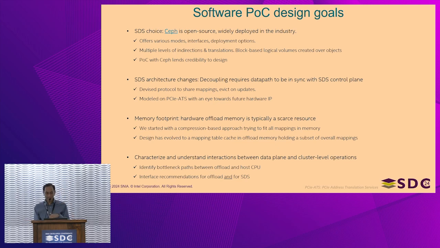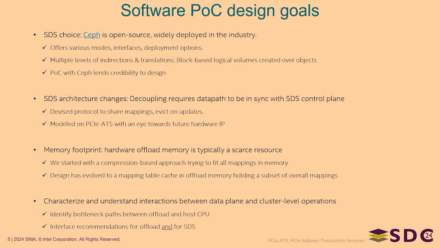So with that in mind, we devised a protocol to share mappings and a protocol that allows the SDS to essentially evict any mappings it has shared before whenever it wants, right? There's also another aspect wherein if the companion module runs out of cache space, it can report to the SDS that, hey, you've given me this mapping, I no longer have space for this, so I'm going to drop it, just letting you know that, right?